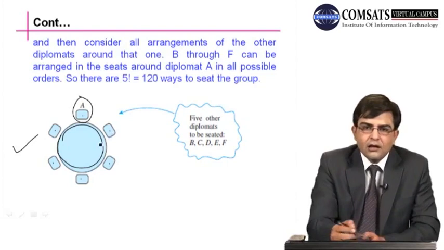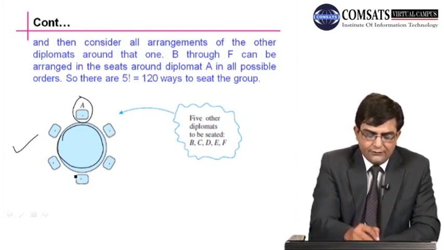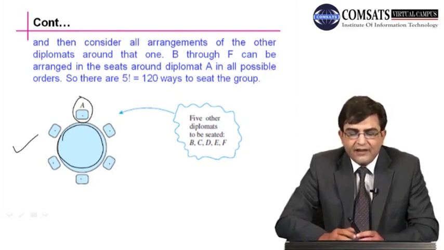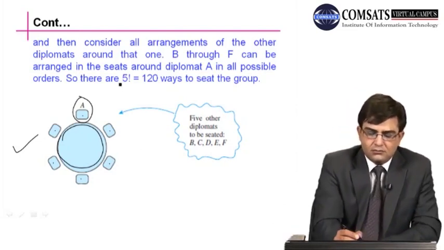Then the remaining diplomats are 1, 2, 3, 4, 5. So the number of permutations is that these diplomats can sit around the circle in 5 factorial ways.